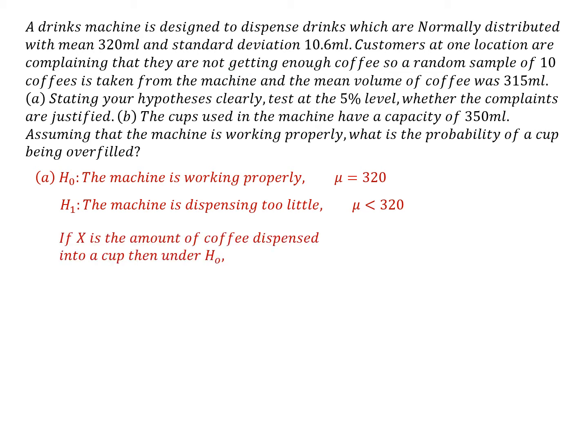So if we define the random variable x as the amount of coffee dispensed into a single cup, then under the null hypothesis, the distribution of x is normal, mean 320, variance 10.6 squared.